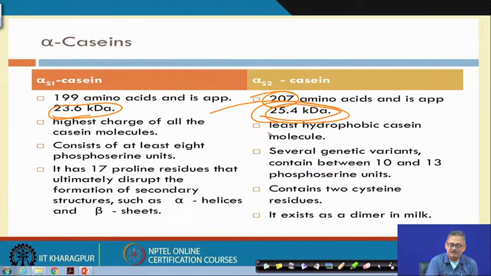So, the least hydrophobic casein molecule. The hydrophobicity in casein, that is alpha S2 casein, is the minimum hydrophobicity, that is, it is not that bad with the water system or polar system, right.